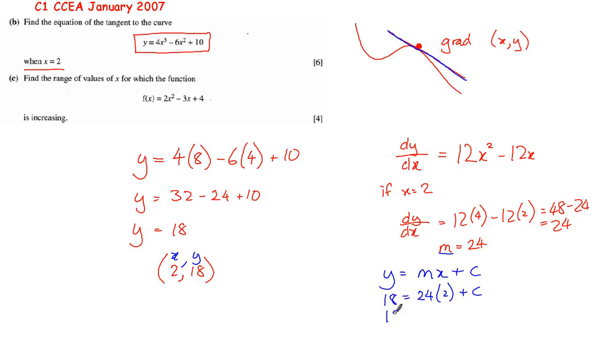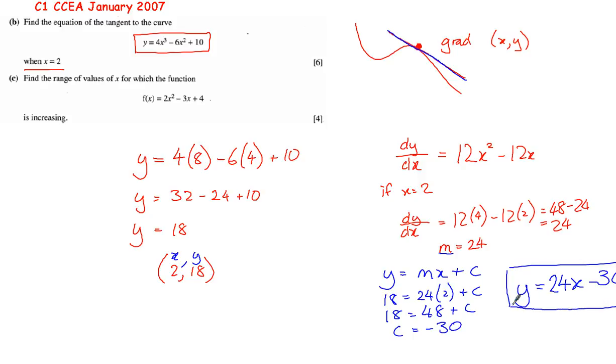So 18 is equal to 48 plus c, so c is minus 30. And so our final thing, let's rewrite the full equation of the line. Y equals, I know the gradient is 24, x, and I know this value of c is minus 30. And so we've got the equation of the line. Y equals 24x minus 30.